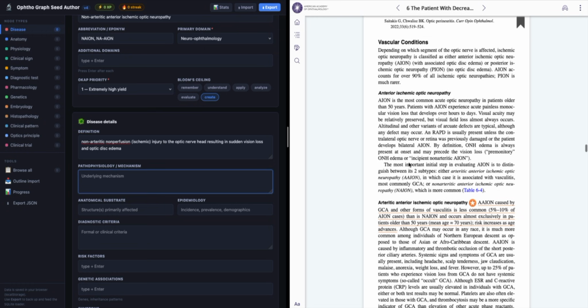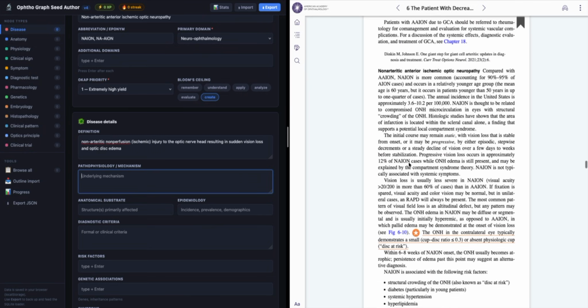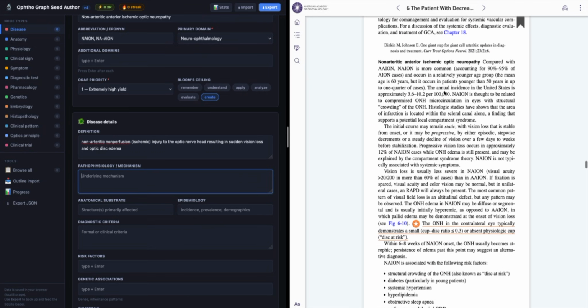Underlying mechanism. So if we go back over here, see over here it kind of describes that. It's thought to be related to compromised optic nerve head microcirculation in eyes with structural crowding of the optic nerve head.